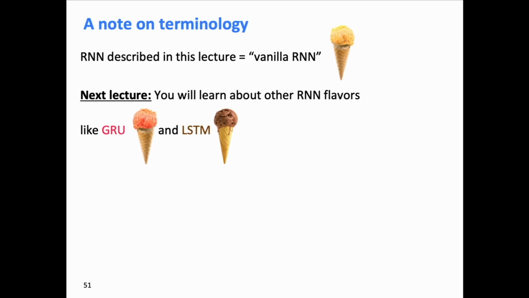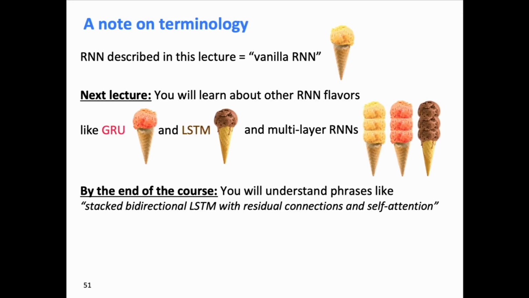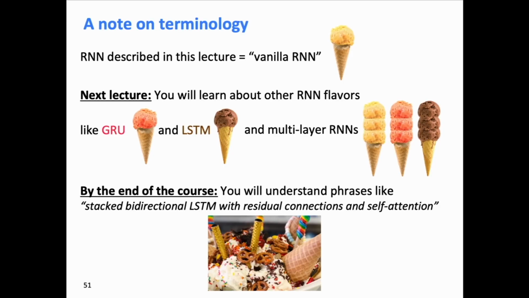Another thing we're going to learn about next week is multi-layer RNNs, which is when you stack multiple RNNs on top of each other. We hope that by the time you reach the end of this course, you're going to be able to read a research paper and see a phrase like stacked bidirectional LSTM with residual connections and self-attention, and you'll know exactly what that is. That's just an RNN with all of the toppings.